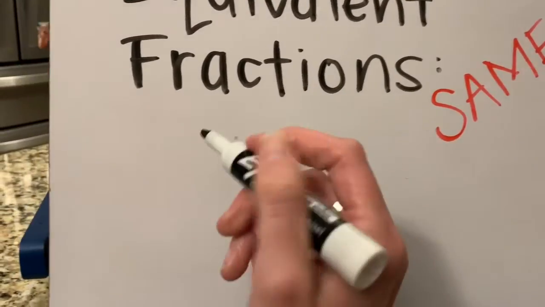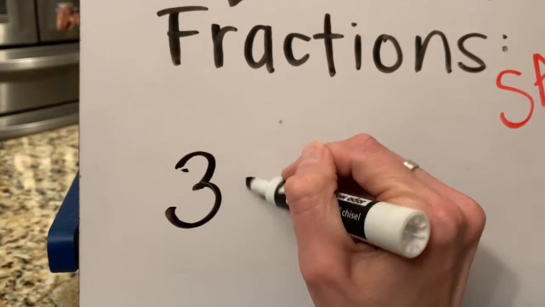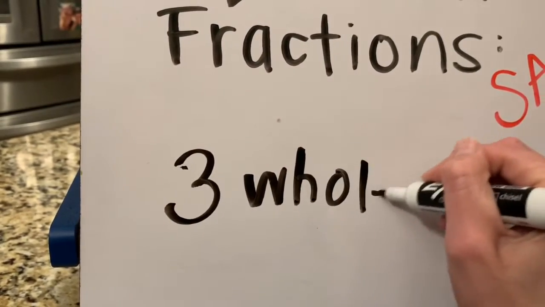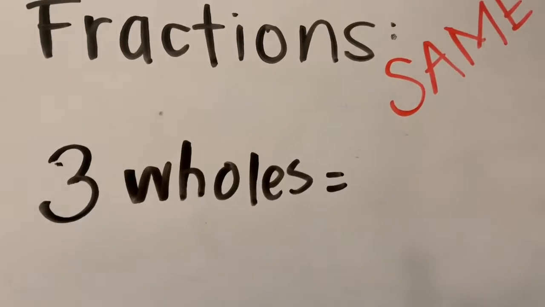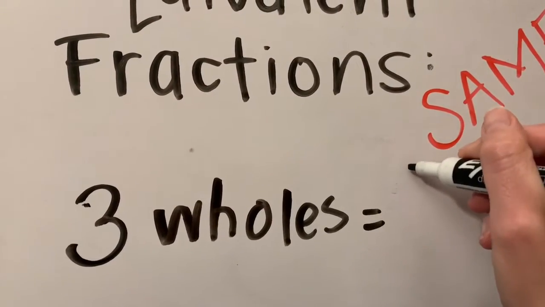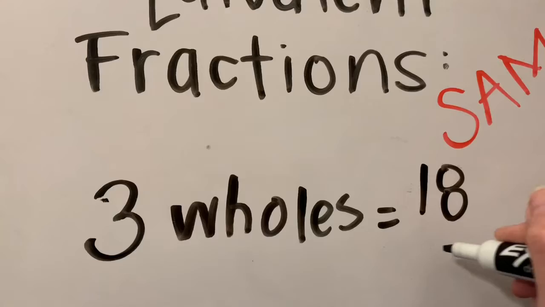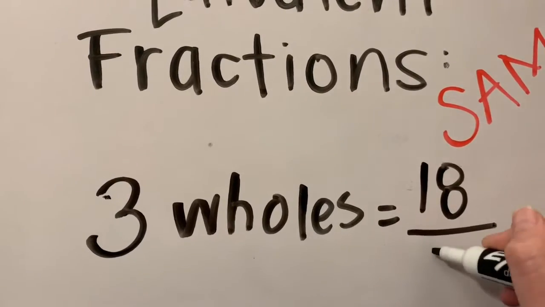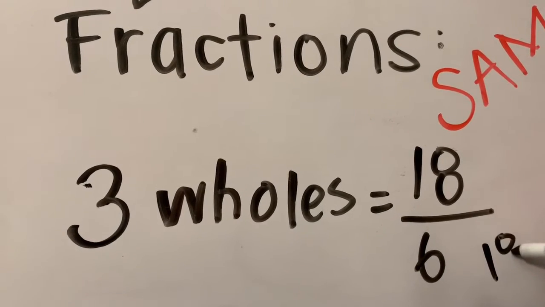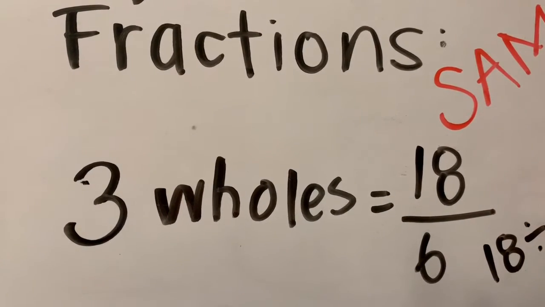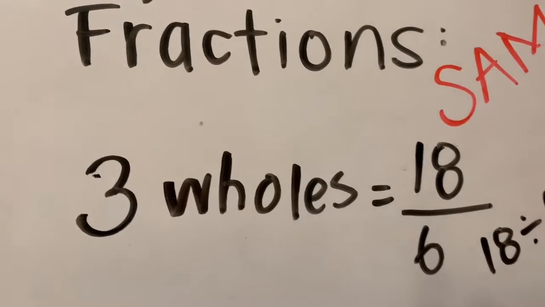What if I wanted the fraction to be equivalent to 3 wholes, or the number 3? I could check myself by asking, if I take the top number and I divide it by the bottom number, does it equal 3? So does 18 divided by 6 equal 3?